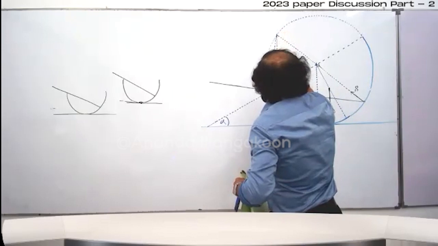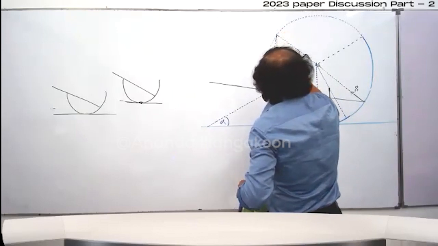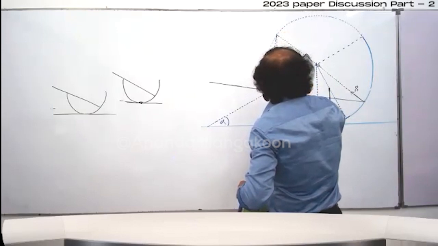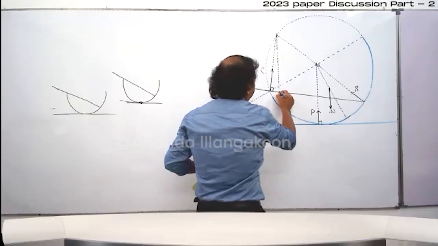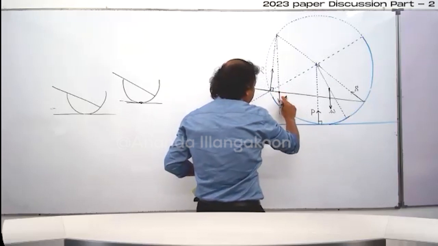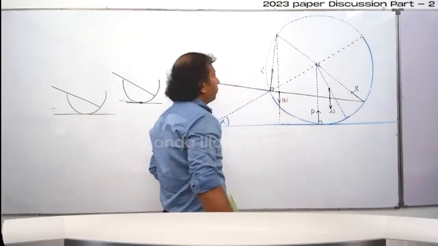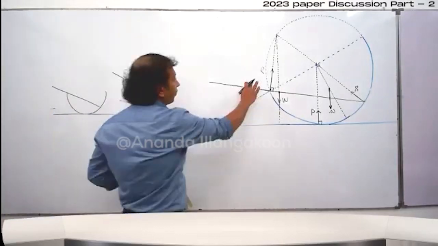That vertical line meets the rod. That is the center of gravity of what? The rod. This is the weight W of the rod. Okay. This is the force diagram.